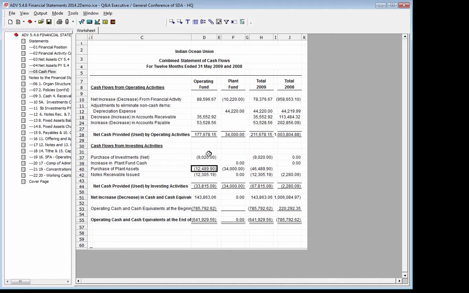However, if the assumption is not correct and you've made an error correction, which is the only thing I can think of that would cause you to do something other than the assumption, then your proceeds from the sale of plant assets and the purchase of plant assets would both be overstated by the amount of that error correction. And you would have to take it out to Excel and remove those two overstatements.